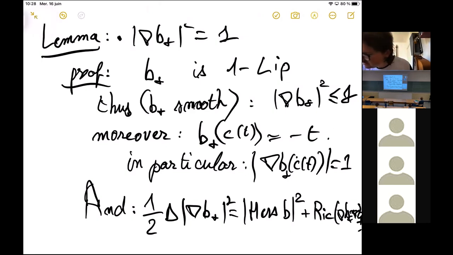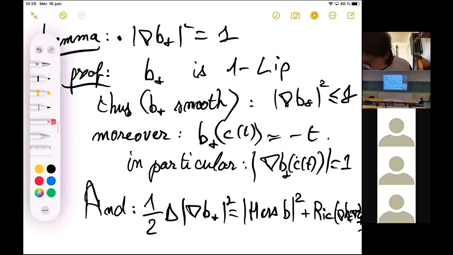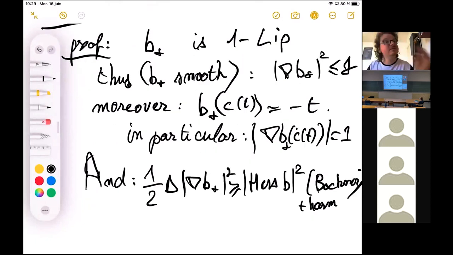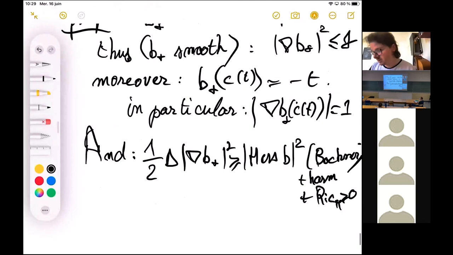Oh, sorry, this is unreadable. So maybe let's just skip. So this is a corollary of the Bochner formula. Using the harmonic assumption, the gradient of Laplace b inner product with gradient b is gone. And this Ricci curvature assumption allows us to get rid of the curvature term.